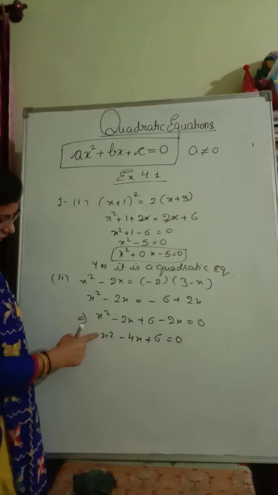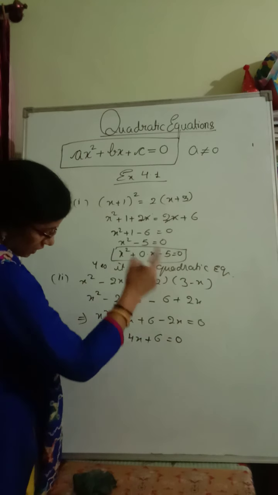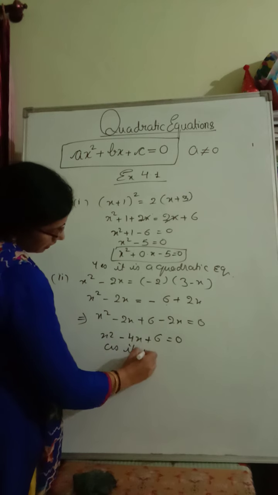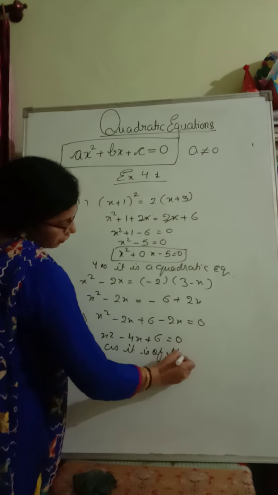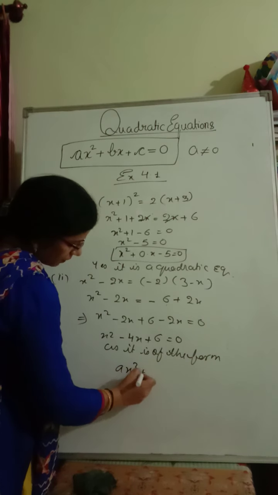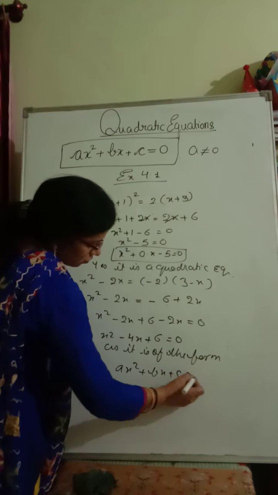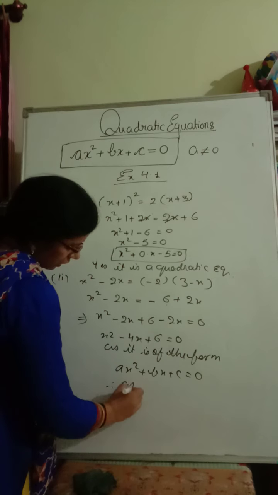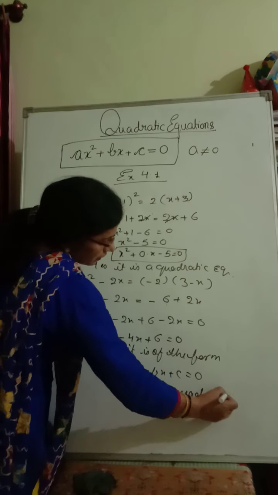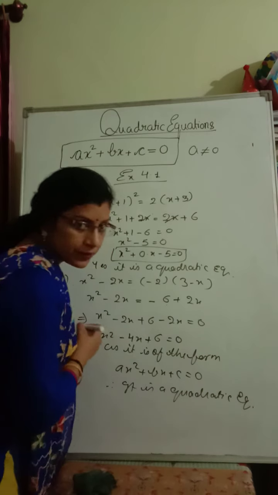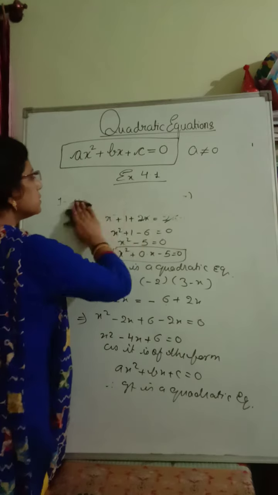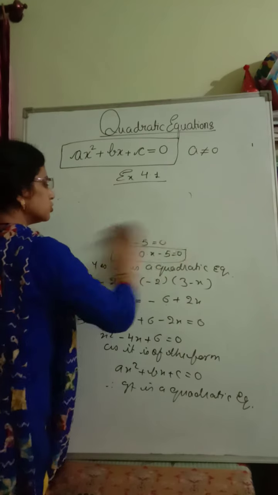Yes, this is of the form ax square plus bx plus c. So therefore, as it is of the form ax square plus bx plus c equals to 0, therefore it is a quadratic equation. Clear? Okay, fine. Let us move to the next part, that is the third part of the first question.